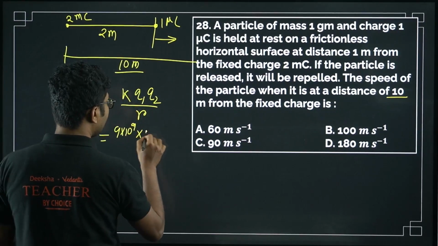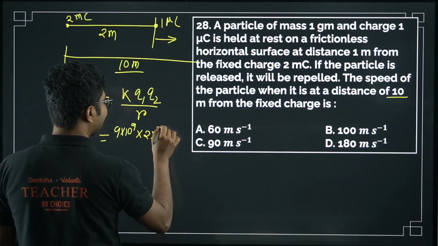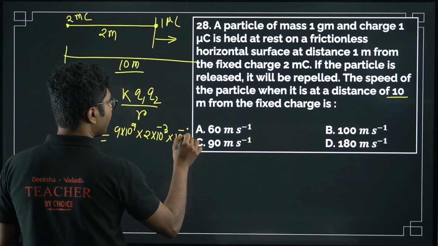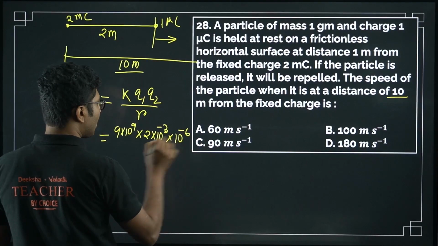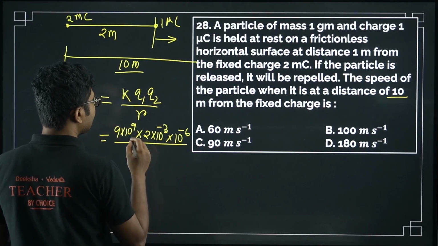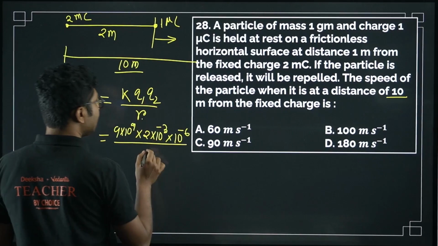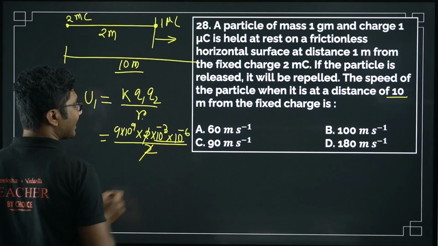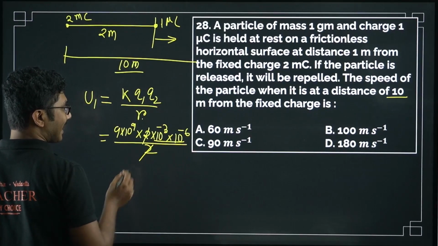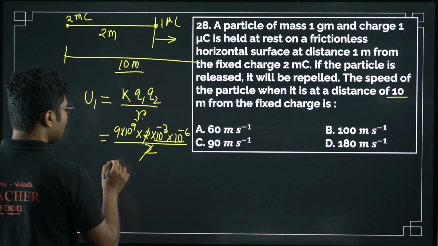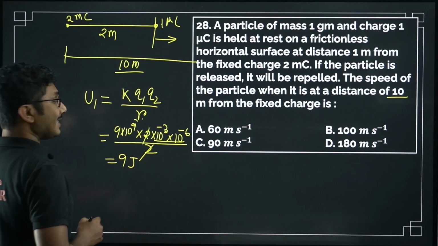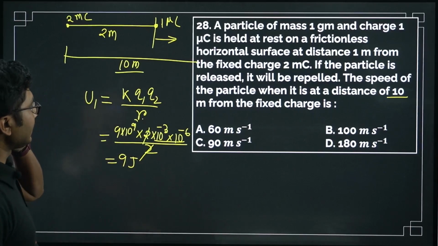Q1 is 2 millicoulomb, milli means 10 to the power minus 3, and here it is 1 microcoulomb, micro means 10 to the power minus 6. Distance is 2 meters, so 2 cancels, 10 to the power minus 3 minus 6 is minus 9, and 10 to the power 9, so initial potential energy is 9 joules.